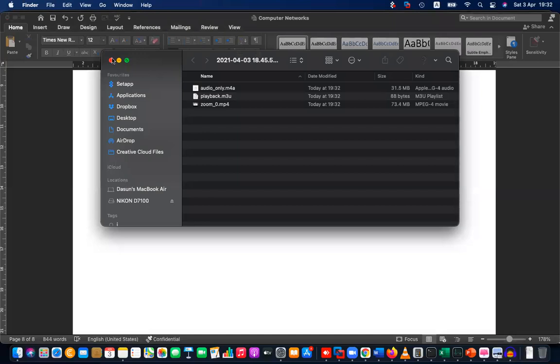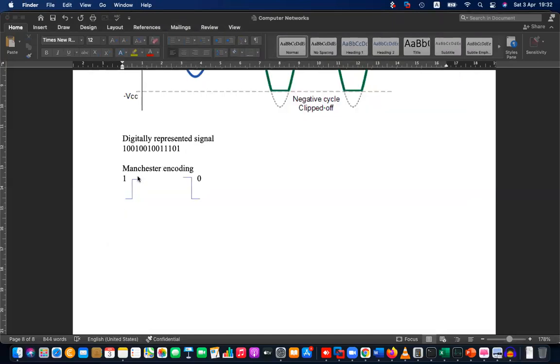So 1 is treated as a rising edge, 0 is treated as falling down. When you have 1, you have to rise up. 0, fall down. Again 0, fall down. Again 1, rise up. Likewise, you have to represent it next day. Try to represent this signal and come.